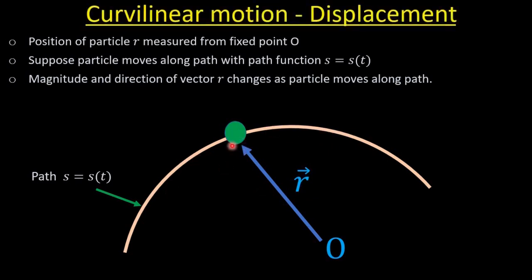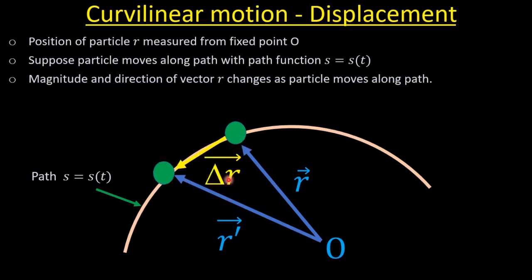So let's say now the particle moves from the position r down to the position r prime, where r prime is also measured from the same fixed point O. The change in position would give us delta r, where again delta r is a vector quantity. When the particle moved from r down to r prime, it also covered a distance along that curve, which I'm going to call delta s. It's important to know that delta s and delta r have very different lengths.